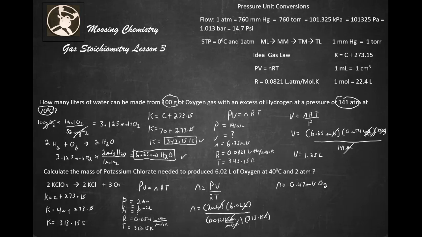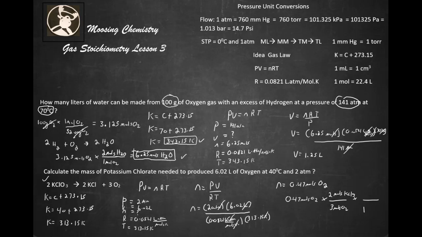So what we need to do is look at our equation here. And we're going to want to change the moles of oxygen into mass of potassium chlorate. So we go 0.47 moles of O2, right, times, then we're going to have mole ratios down here. So we got 3 moles down here. We're getting this from the equation, and 2 moles of potassium chlorate on top, right?